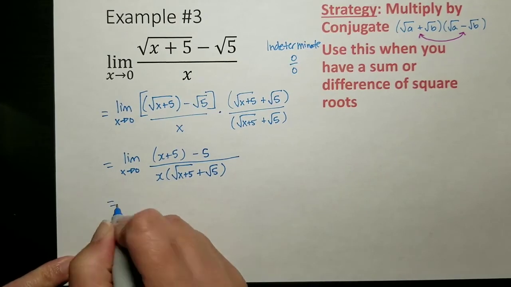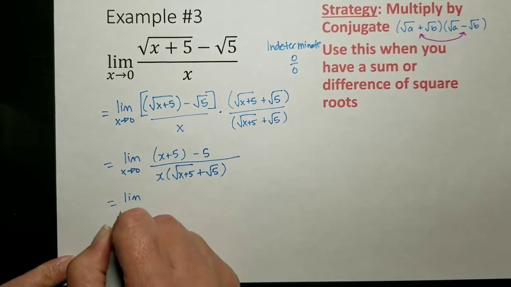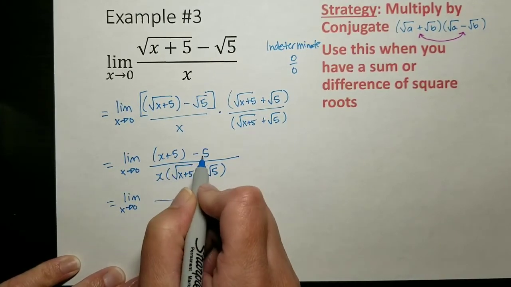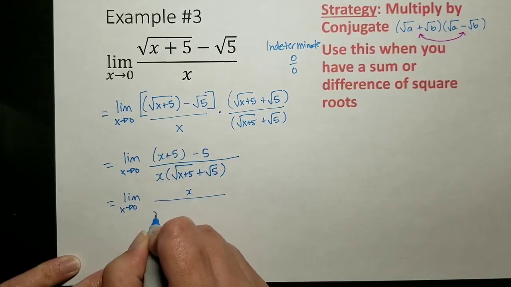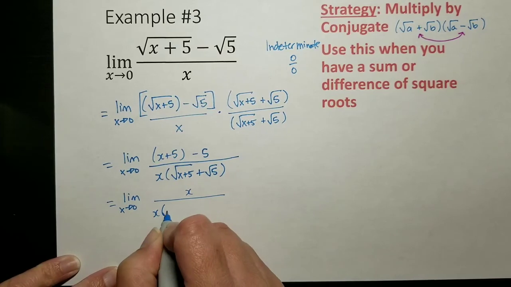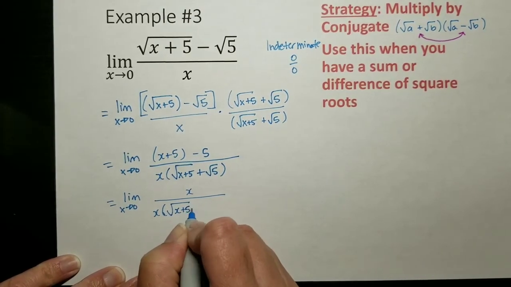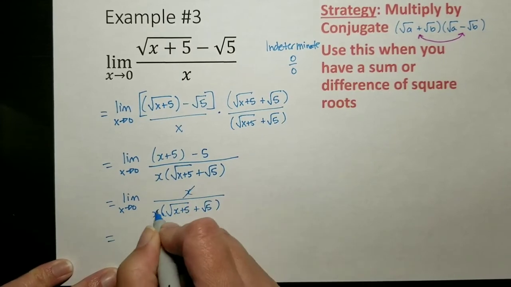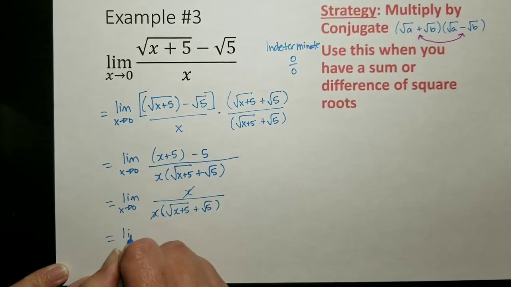Okay. Simplifying and cleaning up a bit, we've got the limit as x approaches 0. And now on the top, x plus 5 minus 5 is just x. And I also had that factor of an x on the bottom. So those will reduce.